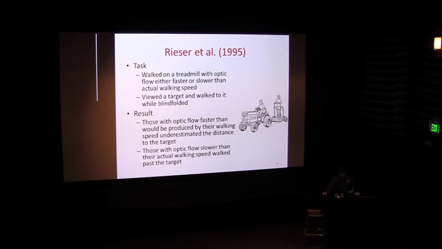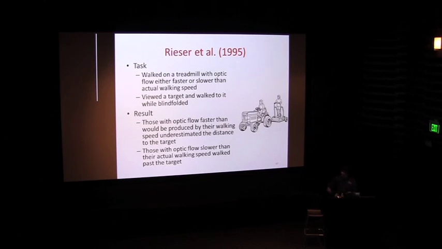So one of the classic experiments with respect to perceptual calibration and its effect on depth perception in the real world was done by John Reiser and Herb Pick at the University of Minnesota. This is one of the coolest experiments in applied perception, I think, in which a person has to walk on a treadmill with optic flow that was either faster or slower than the actual walking speed, okay?